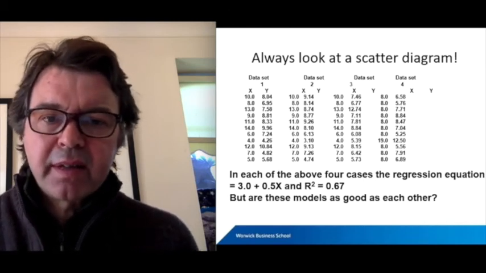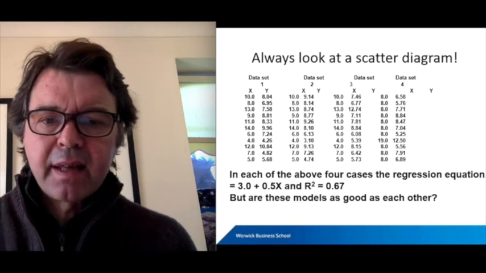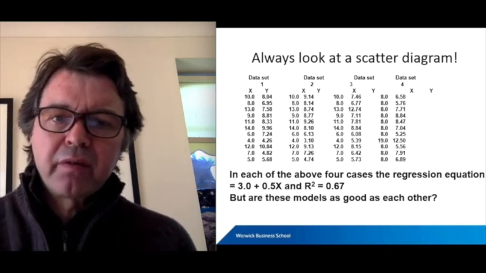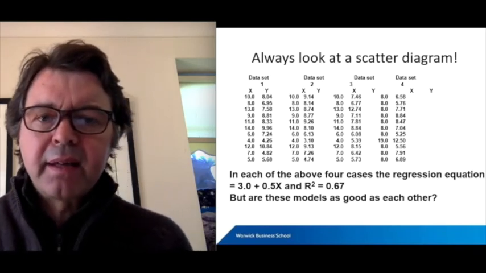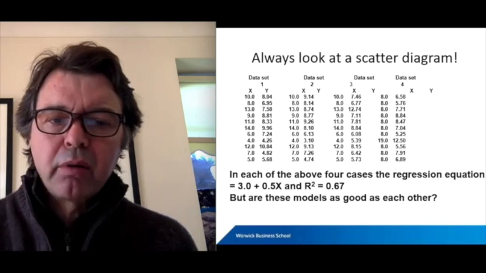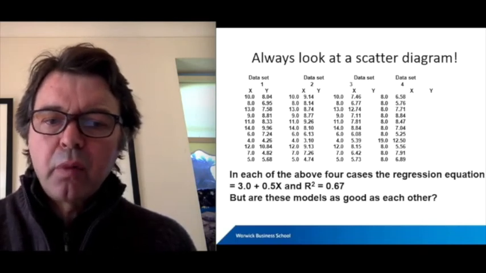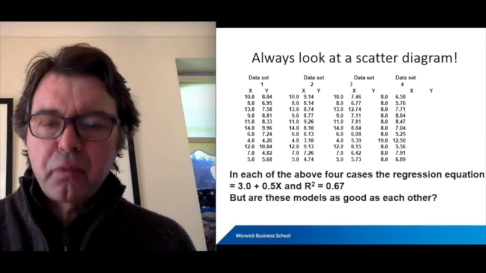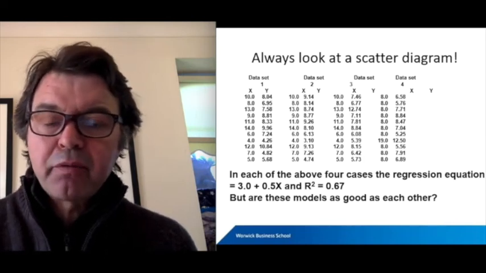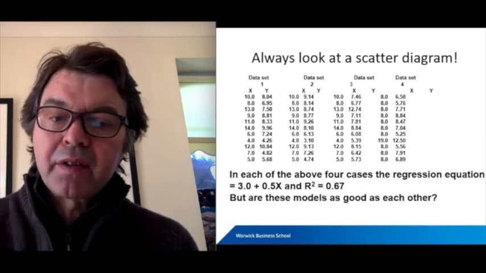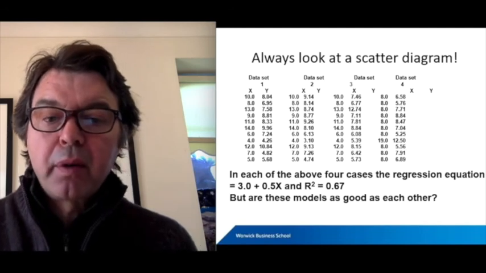Look at this data. We've got 4 data sets there. If you did a regression for all of those 4 pieces of data, you would get the same model, y equals 0.5x plus 3. They all have the same regression model and the same R-squared of 0.67.